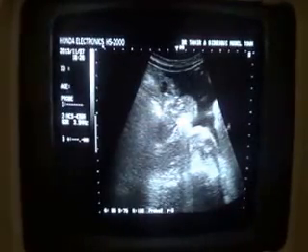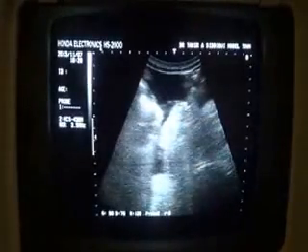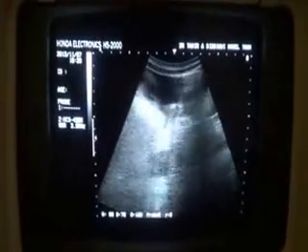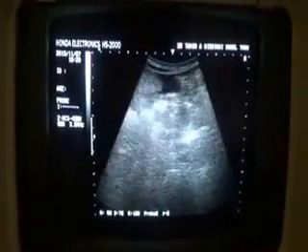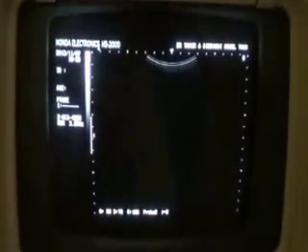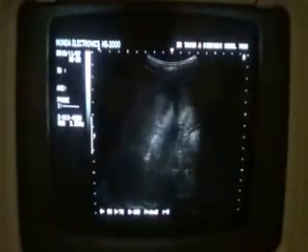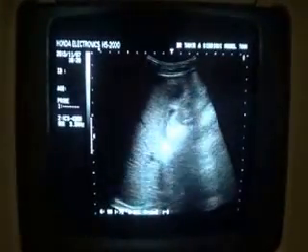You can see the bowel segments float in the right paracolic gutter. Fluid is also seen surrounding the liver. Now this is the liver.